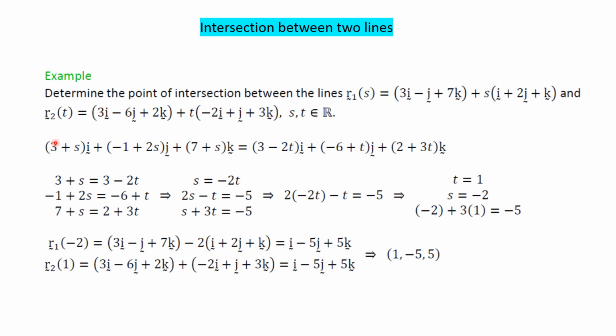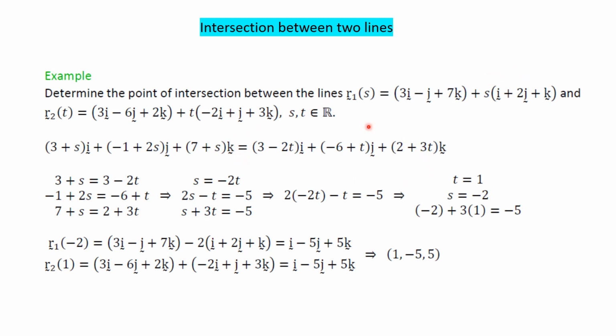So that's why you end up with this one here. So 3 plus s i and negative 1 plus 2s j and then 7 plus s k.